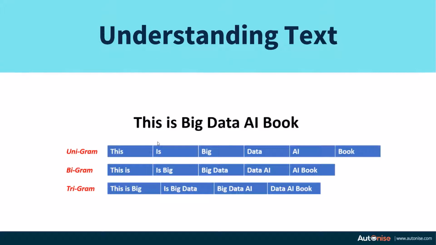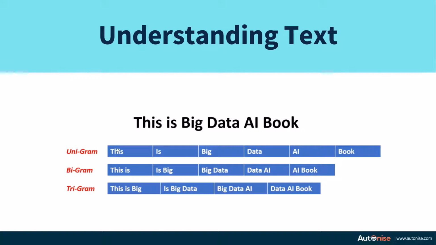One of the ways is by unigram, bigram, or trigram. So what it means is that you have a sentence which has the following words: this is big data AI book. In the unigram method, you will break down each of the words and then you'll convert each word to a number.